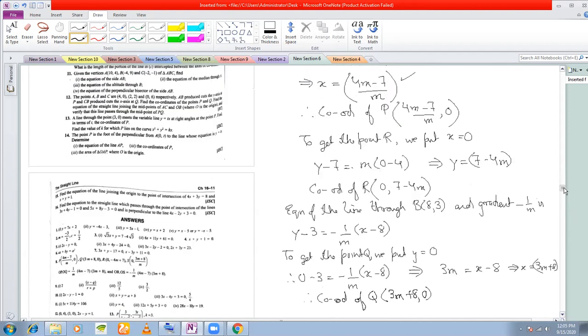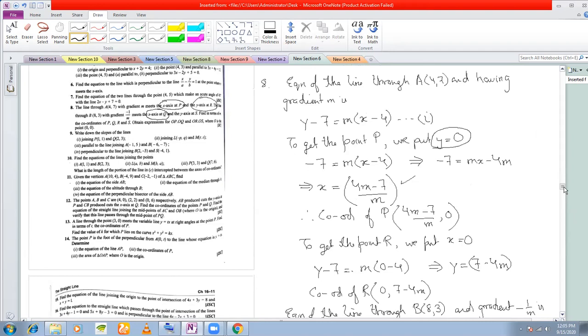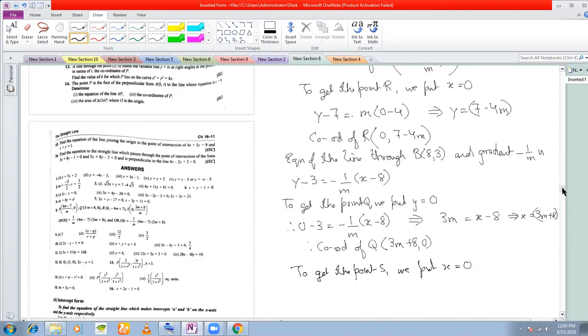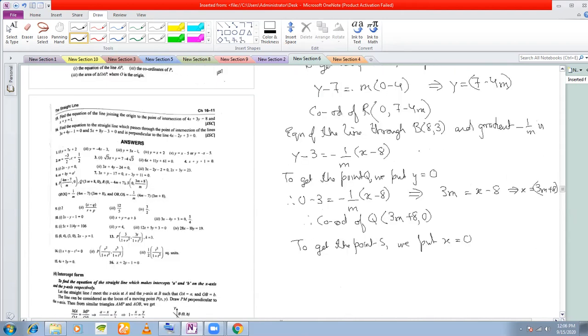What is the next point? The next point is S. It meets the y-axis at S. To get the point S, we put x is equal to 0. Let us call the first equation 1 and this one 2. In 2, x is equal to 0. So you get y minus 3 is equal to minus 1 by m times (0 minus 8).